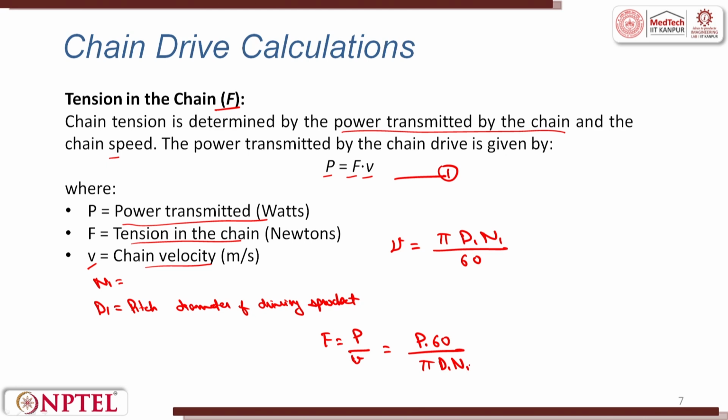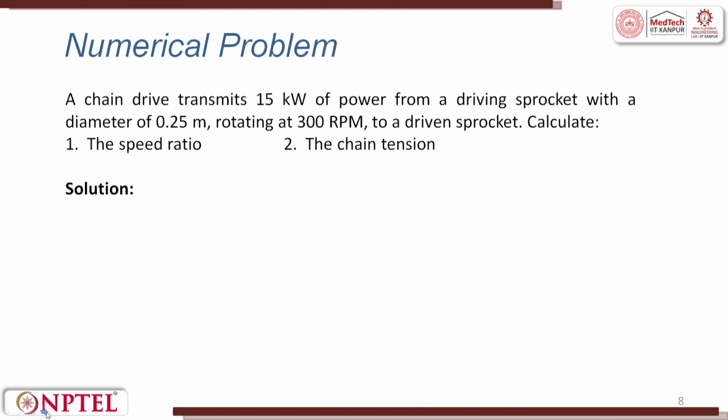Based upon this relation, let us go through a problem statement where they have given that a chain drive transmits 15 kilowatt of power from a driving sprocket with a diameter of 0.2 meters rotating at 300 rpm to the driven sprocket. Calculate the speed ratio and the chain tension.